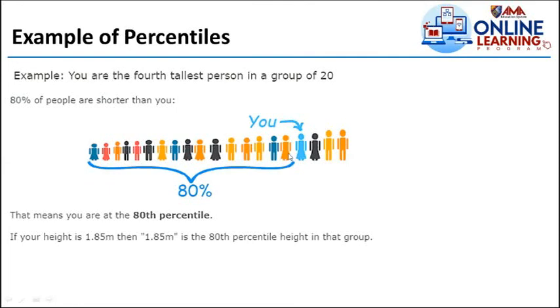Ibig sabihin, magmula 1 to 16, mas maliit po sila. Kaya tinawag nila, your percentile is 80%. Okay? Or 80% taller of these 20 persons. Also, if your height is 1.85 meters, then 1.85 meters is the 80th percentile height in that group.